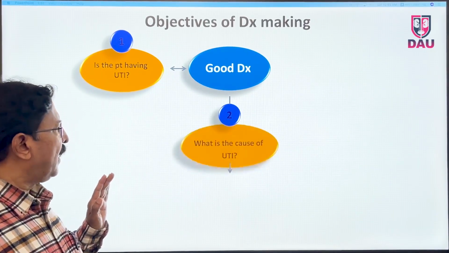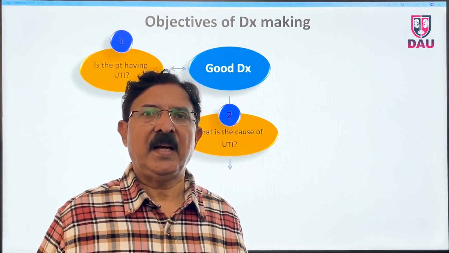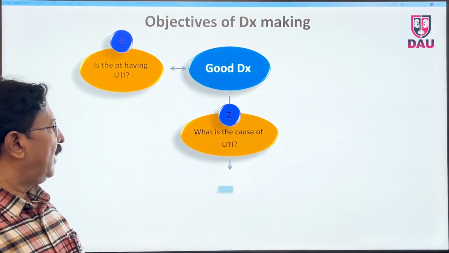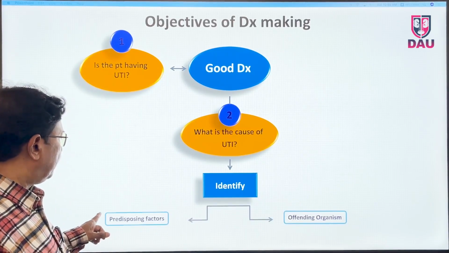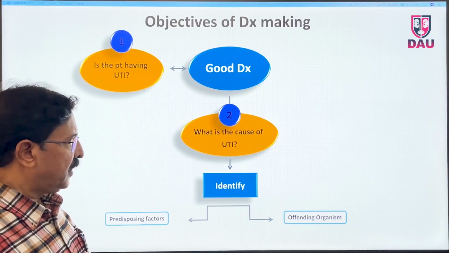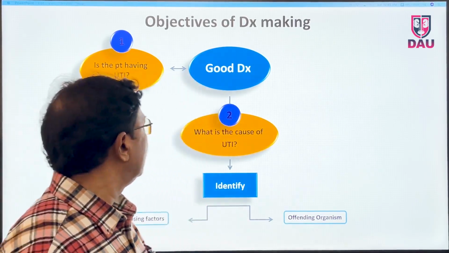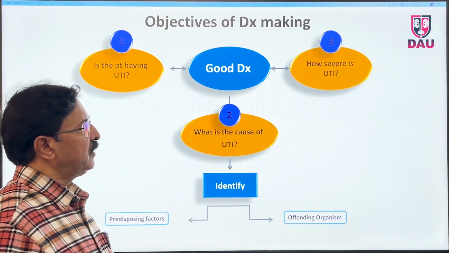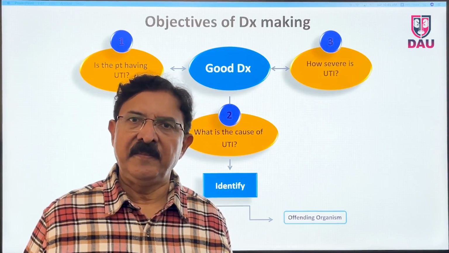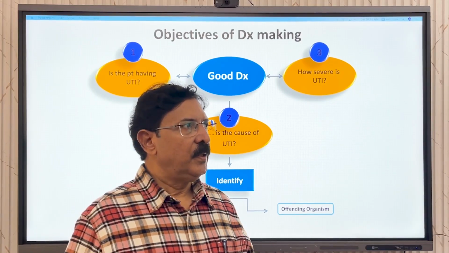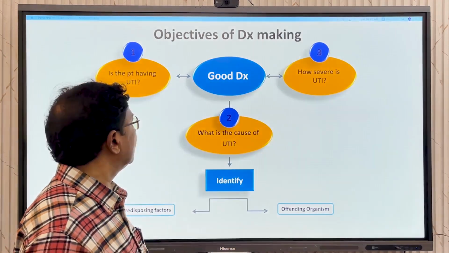The second part is to find out why this particular patient is having urinary tract infection, and we intend to identify the predisposing factors, if any, in that patient, and also which is the offending organism. The third part of our diagnosis is to find out how bad, how severe the urinary infection is in that patient. Thus, there are three components, three objectives of our diagnosis making.